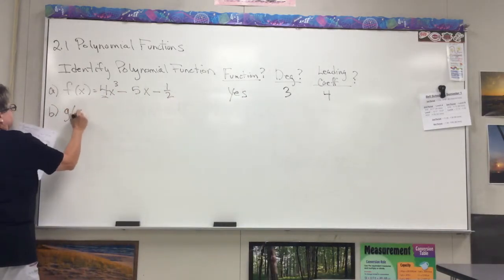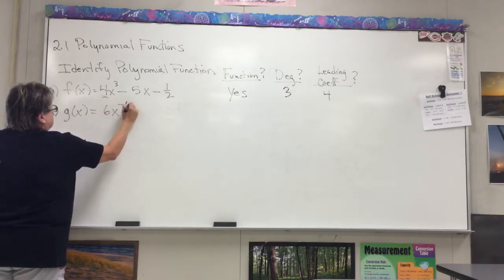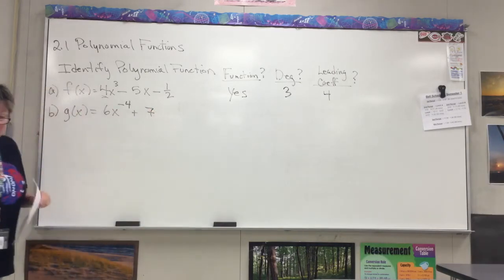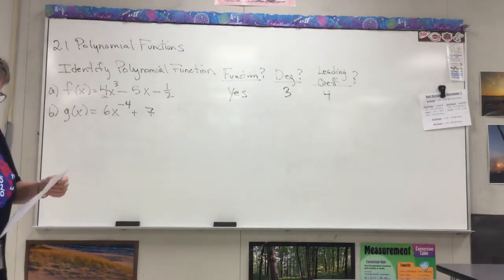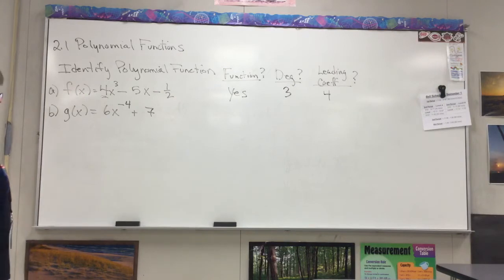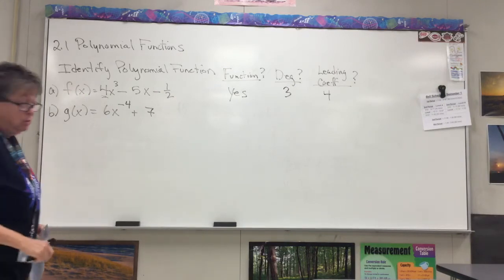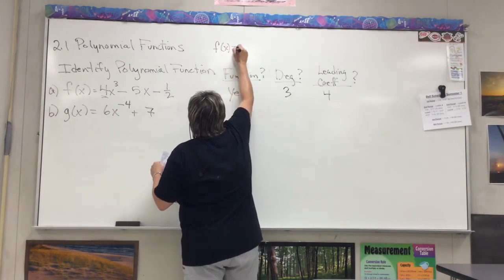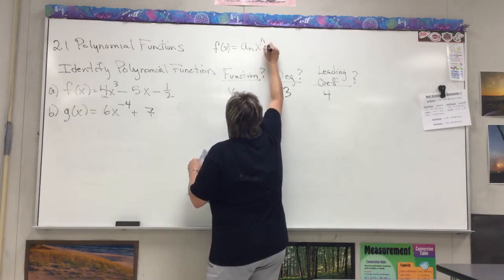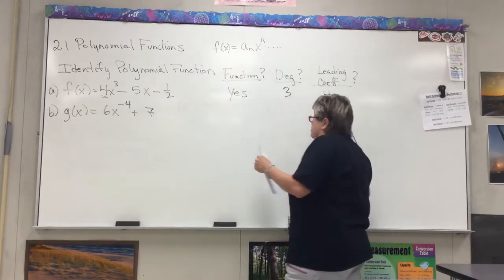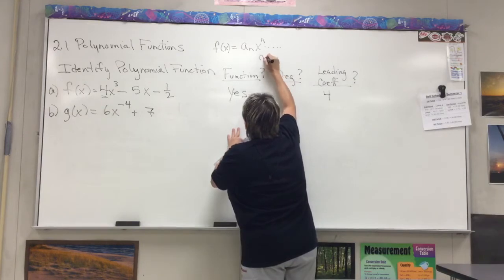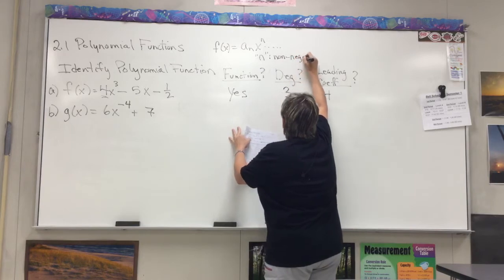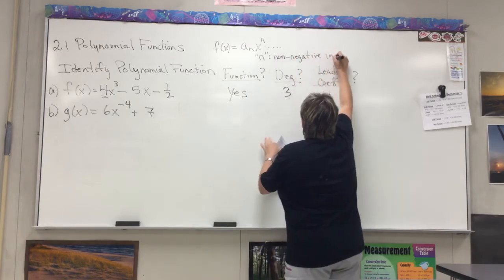Let's say g of x equals 6x to the negative 4th plus 7. I think I forgot a little definition at the very beginning when I defined polynomial. In that original generic function, a sub n x to the n, I forgot to mention, kind of important, that n needs to be a non-negative integer.